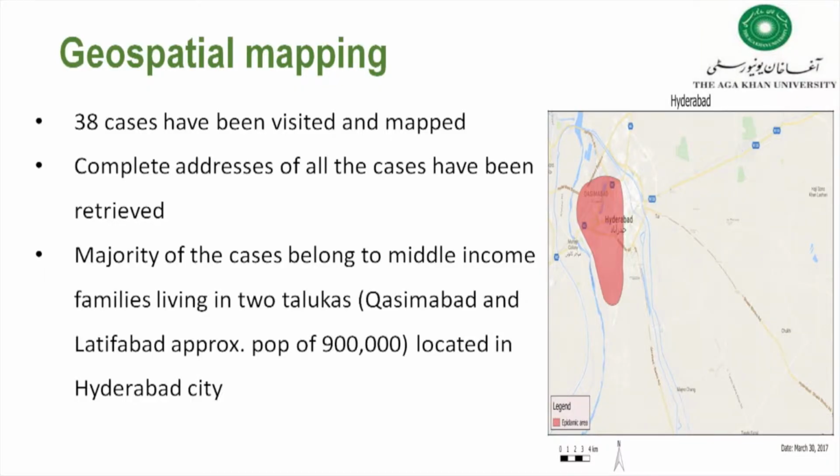So this is the geospatial mapping of the cases. And let me tell you that as of today, we have only visited 38 cases, not all 115 cases, but still the outbreak investigation is going on. But we have retrieved basic information of all these 113 cases, and especially the complete addresses of these cases.